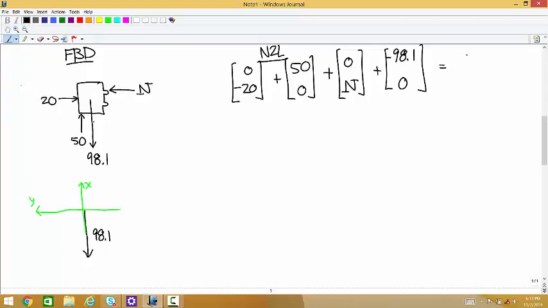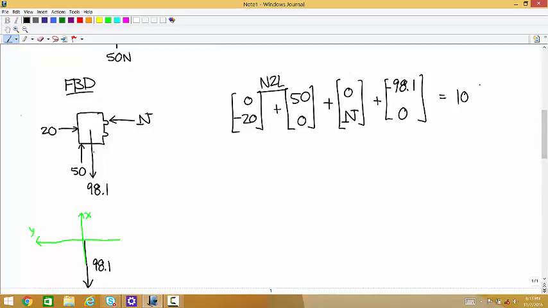That's all the forces, and then that's equal to the mass, 10, times the acceleration, which is always going to show up as A0, because all the motion has to be just along the surface, which is aligned with the x-axis. And so we get two equations.